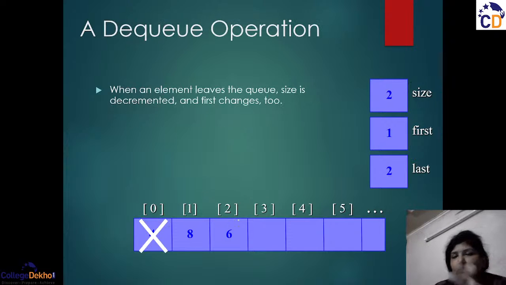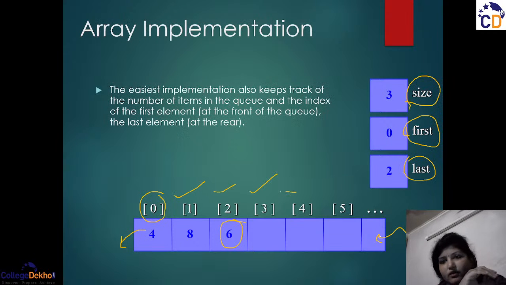Now if I want to perform the DQ operation, DQ means you pop some element from the queue. I told you the pop should take place from here and insertion would take place from the rear part. So when an element leaves the queue, the size is decremented and the first changes too, right? Now your size would be 2 because earlier it was 3.